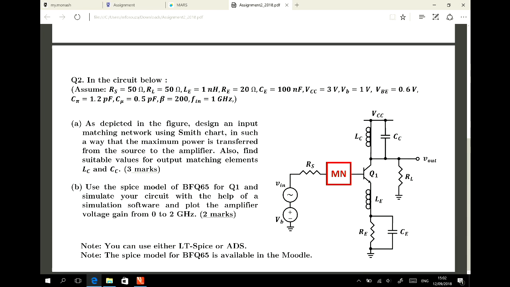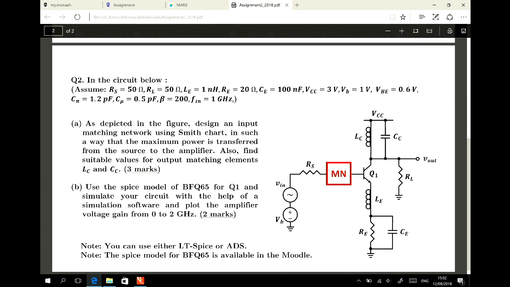In the second question, in the first part, you need to design a matching circuit using a Smith chart. Design it on the Smith chart and then upload your Smith chart. In the second part, you need to simulate the circuit in one of the software, LTSpice or ADS, any of them is fine.